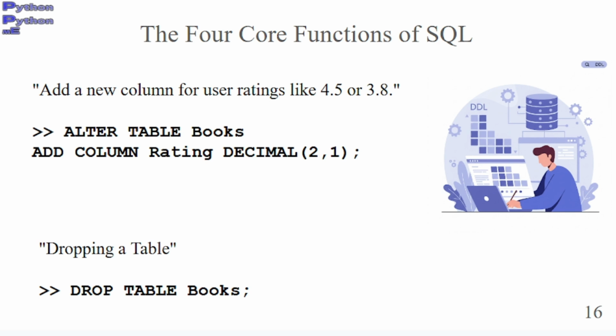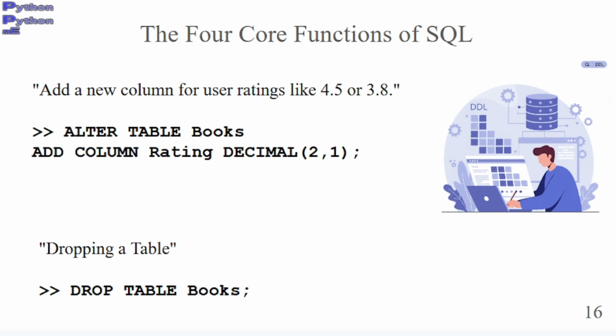Let's say you want to add a new column for the user's ratings. Whenever you want to store a user rating like 4.5 stars or 3.8 stars, we would like to alter the structure of the table. Here we would write alter table to modify the existing structure. The new rating column uses decimal 2,1.